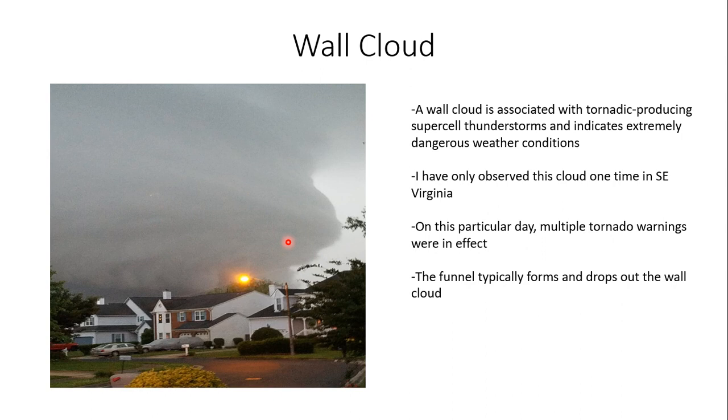There were multiple tornado warnings in effect, and the funnel is typically going to come out of this wall cloud. So whenever you see something like this, it is a very dangerous weather situation. You have to be able to react quickly to the tornado warnings, because a tornado funnel could drop down out of this lowering wall cloud at any time.